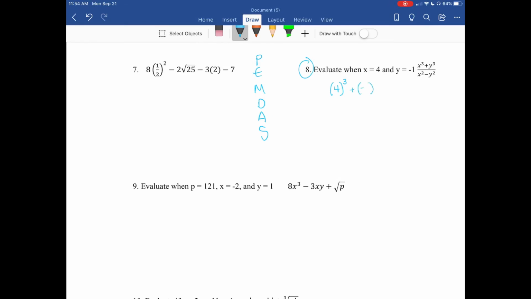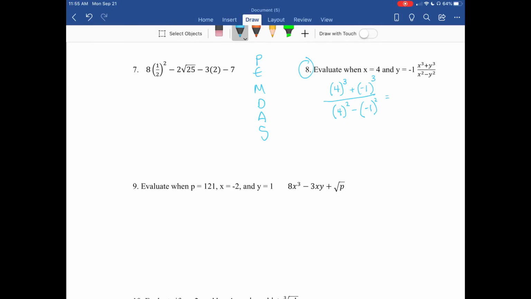Now, y is -1, and all of it is being cubed. Then I have x squared, so that quantity 4 squared minus, and then my y is -1, and I have it squared.